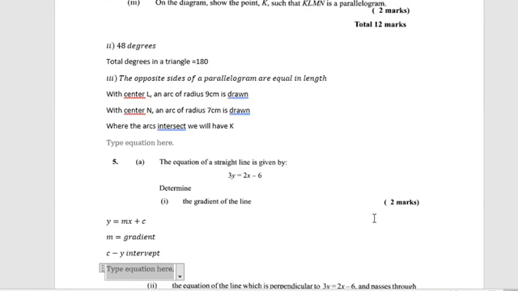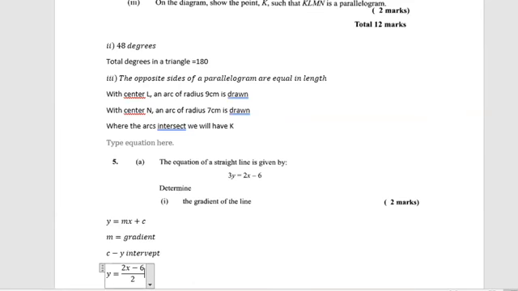Okay. Sir, would it be 2 over 3? This is what it will look like. y is equal to 2x minus 6, and all of that is divided by 3.